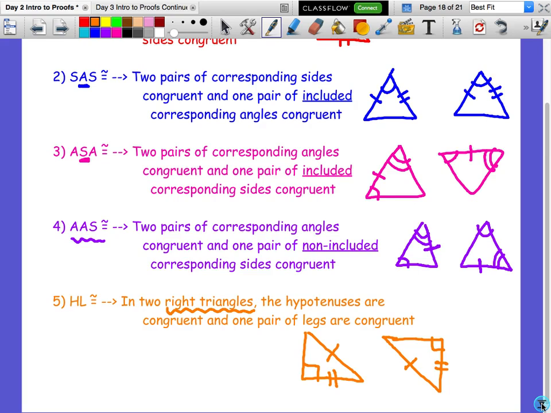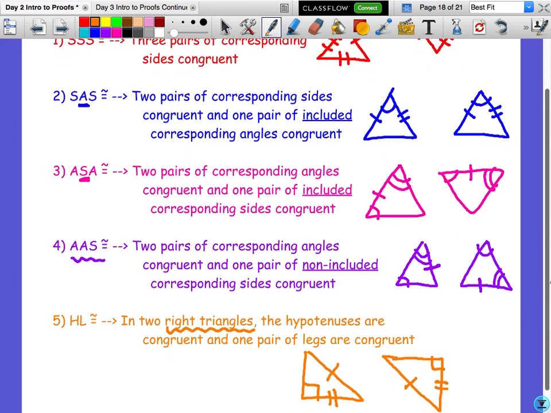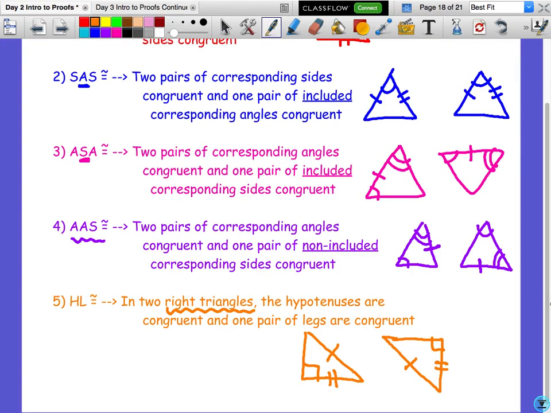Now guys, if you notice, 4 of these tricks involve the letters A and S in 3-letter combinations. So you'll notice there's a couple up here that are not listed, right? Angle, angle, angle is not listed. I would encourage you to think about why that wouldn't work. We'll talk about that here in a minute.